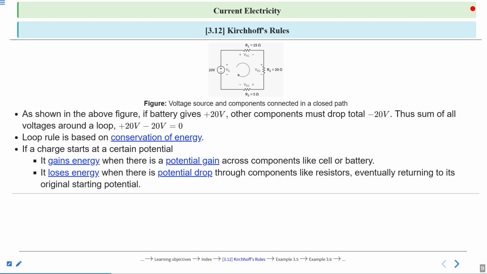At the original starting point, the difference in potential between initial and final condition will be zero. So the potential difference is zero, and then energy will remain conserved.